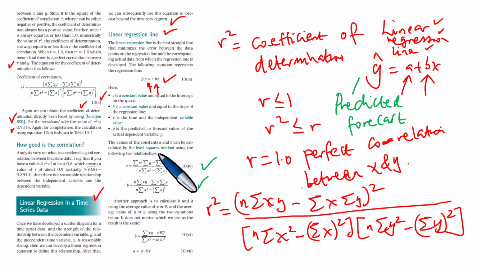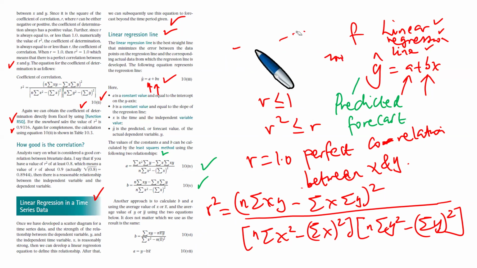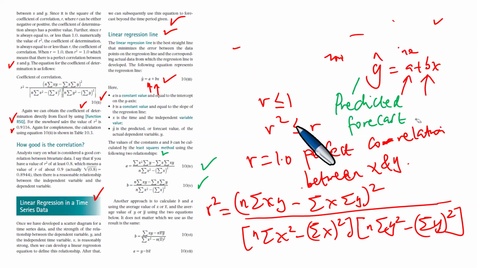We can use what we call the least squares method using the following two relationships. We have the two formulas for a and b. Let us quickly rub shoulders with these equations.